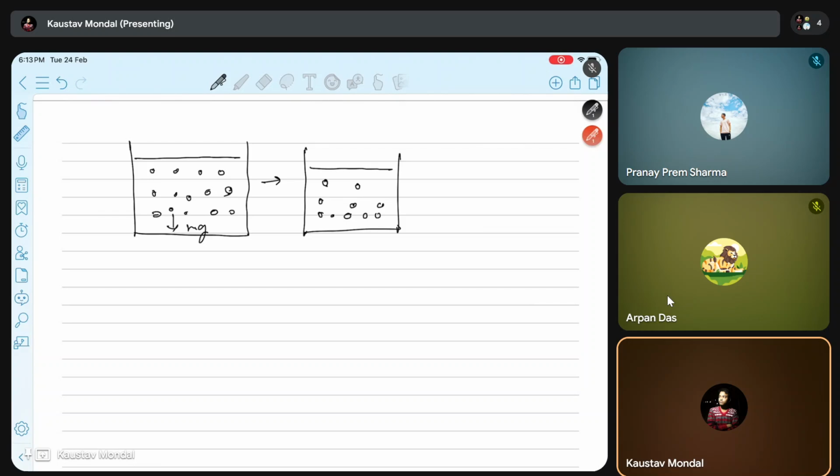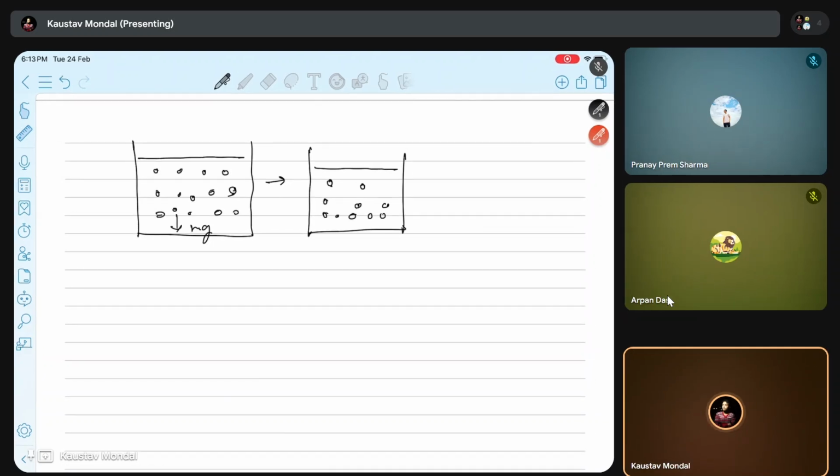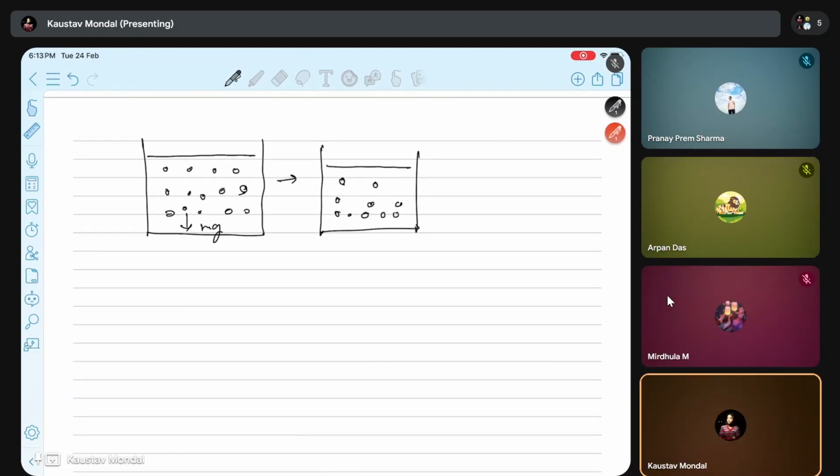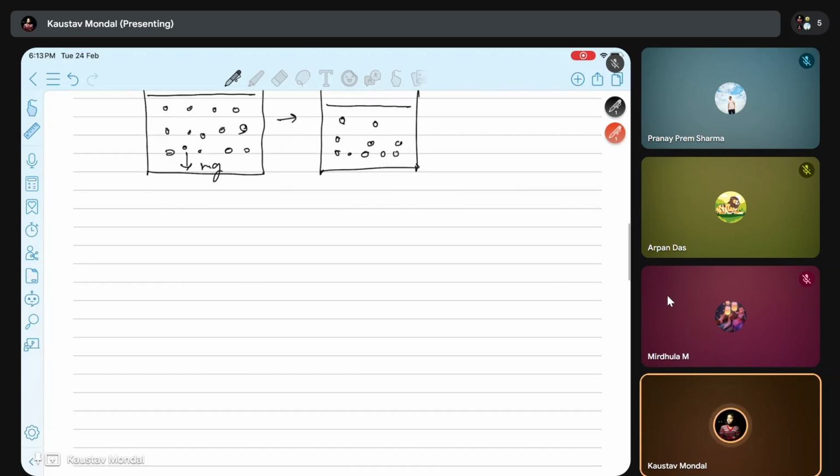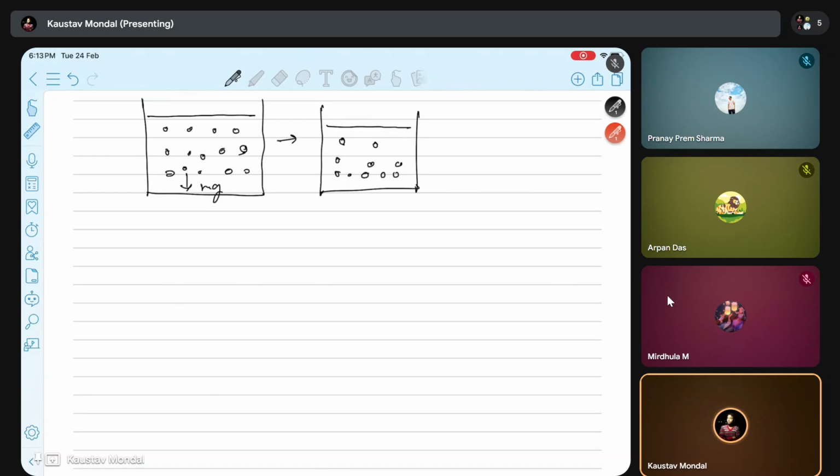So the distribution of the particles will follow a certain distribution law, and also the pressure. That means the distribution of the concentration of the Brownian particles.